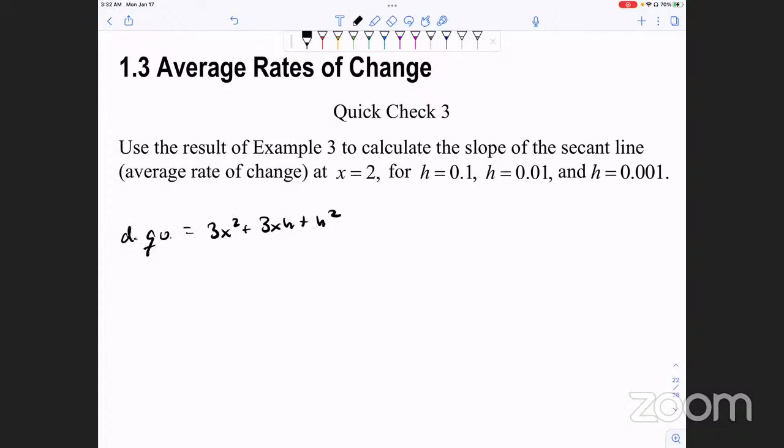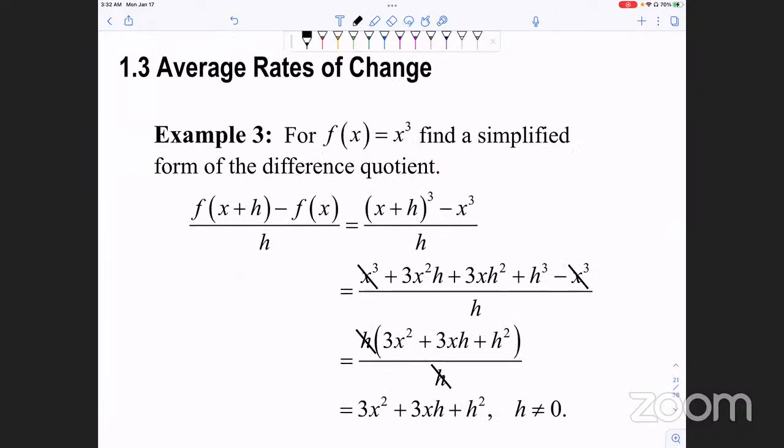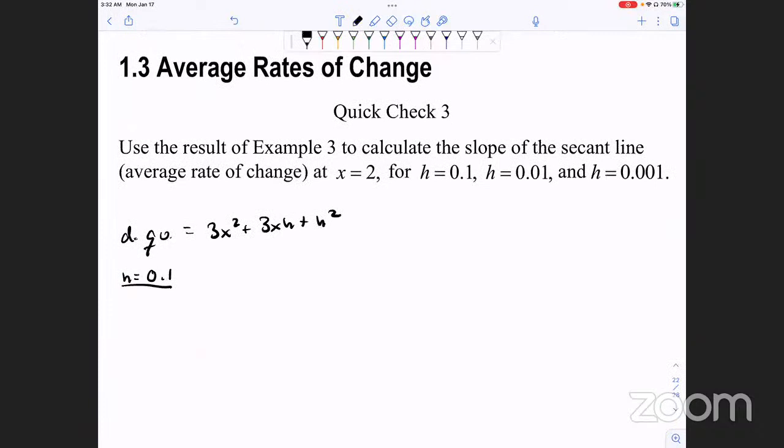So now we actually use the result from example 3 to calculate the slope of the secant line. Okay, so when x is 2, we have these 3 different h values. First we'll consider when h is 0.1, all right?